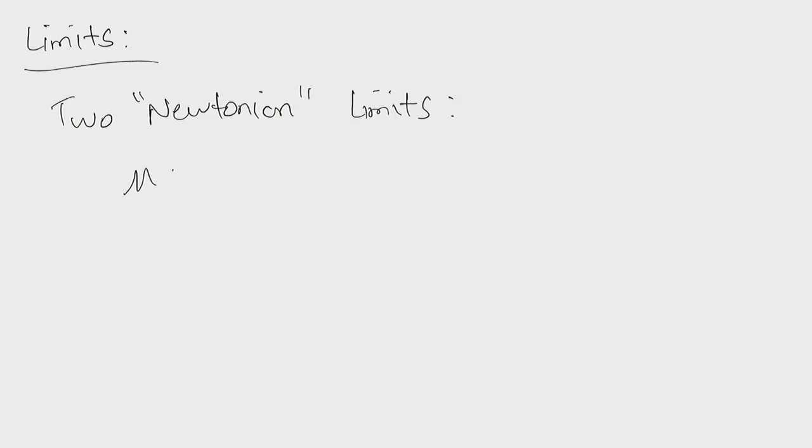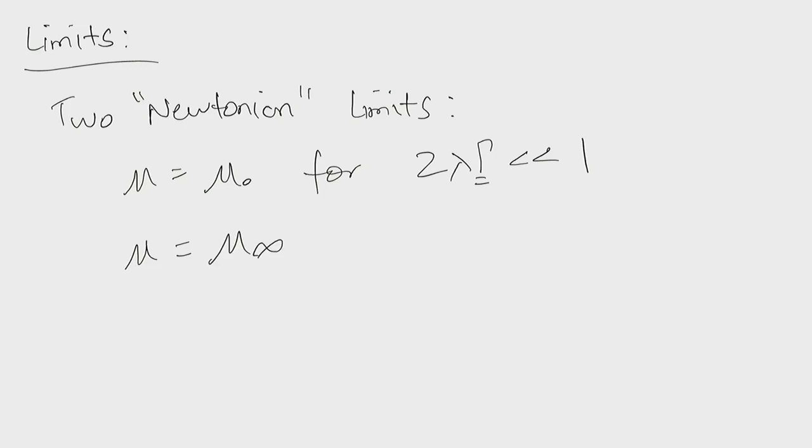So mu equals mu naught for vanishingly small 2 lambda tau. And if you have a very large rate of strain, mu will also equal some constant, which is equal to mu infinity.